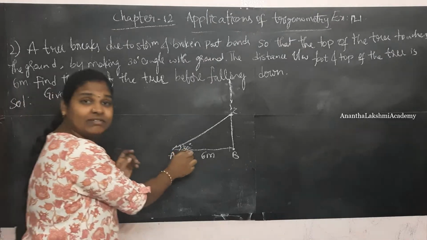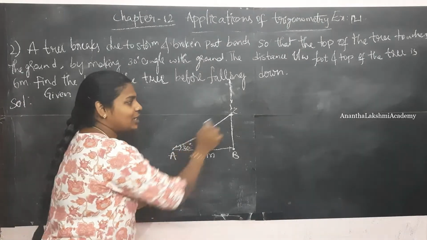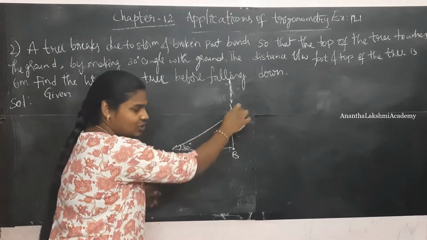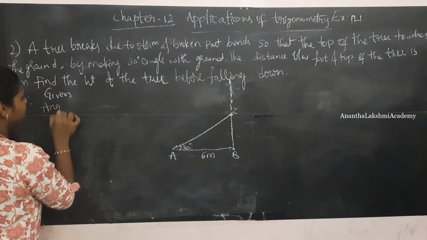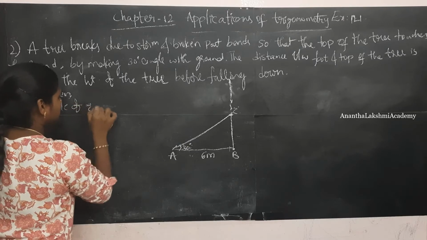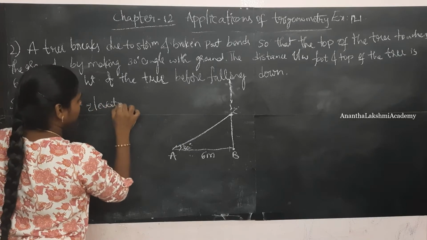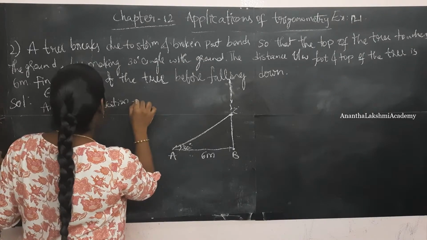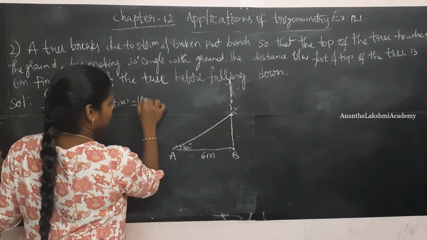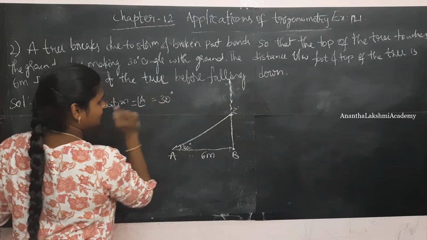What is this? Angle of elevation or depression? This is looking at something which is taller than this. So this is angle of elevation. Angle A is 30 degrees.